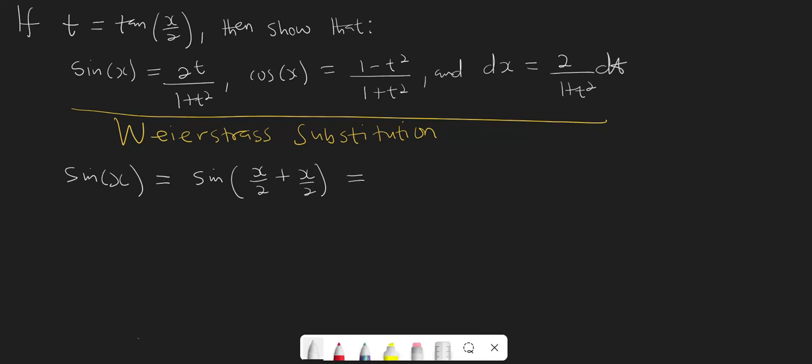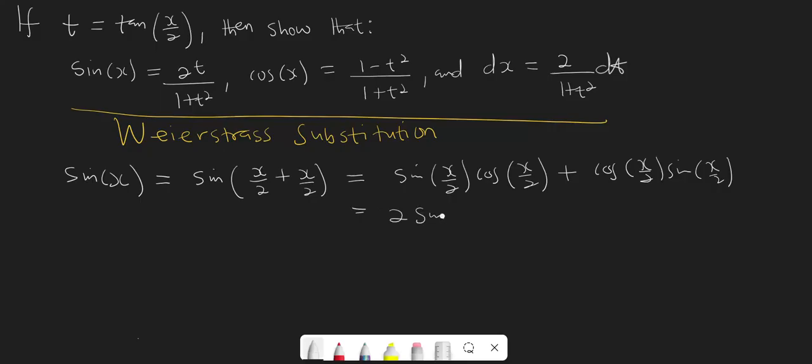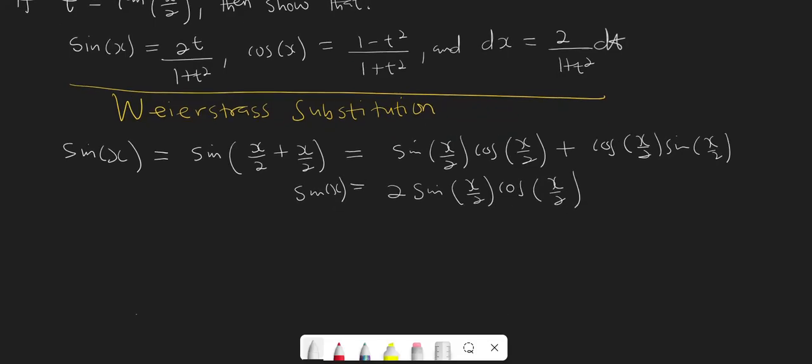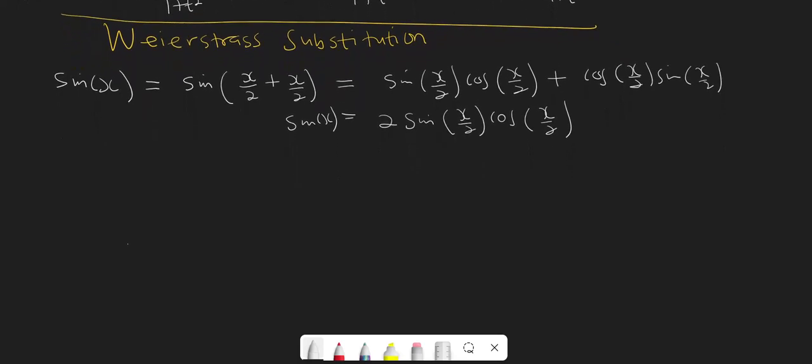Using the double angle identity, this is sine x over 2 cosine x over 2 plus cosine x over 2 sine x over 2. So this simplifies to 2 times the sine of x over 2 and the cosine of x over 2. So this is sine x from a double angle identity.